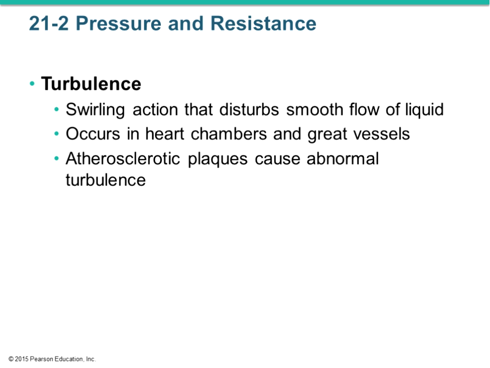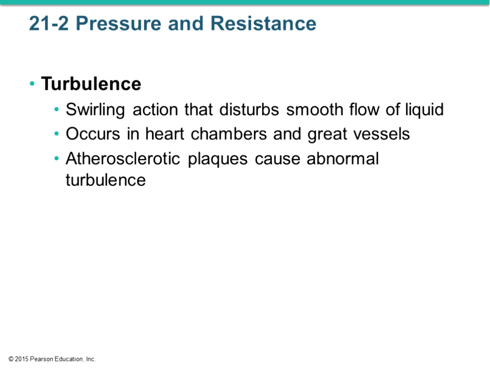And then again, turbulence, as I said, is just any sort of swirling action that can disturb very smooth flow of liquid. Best way to sort of explain this is if you ever go on a hike or to the Botanical Gardens, for instance, one of my favorite places to go, and you go to some of the nature areas where they have water flowing, and then they have water coming from a smaller area to feed into a bigger body of water, and they have rocks along the way, right?